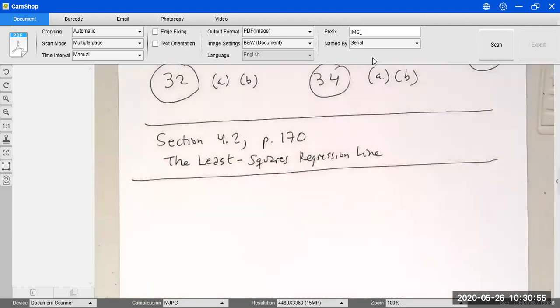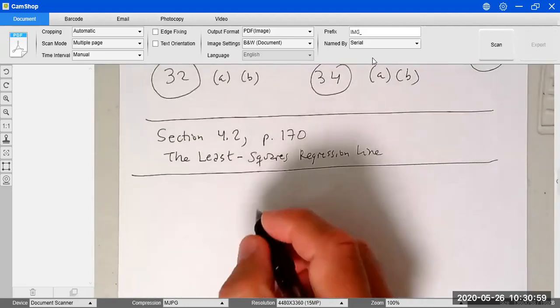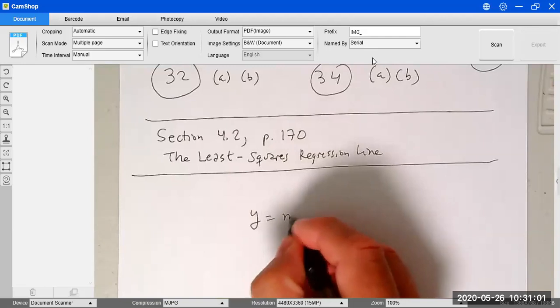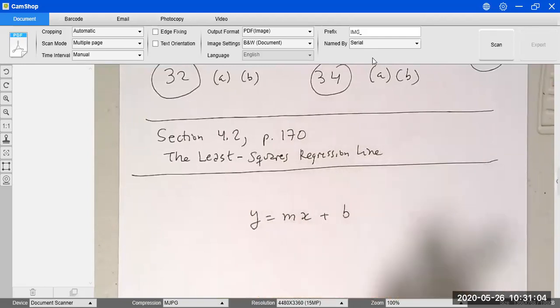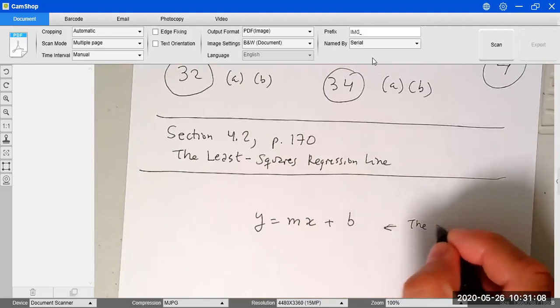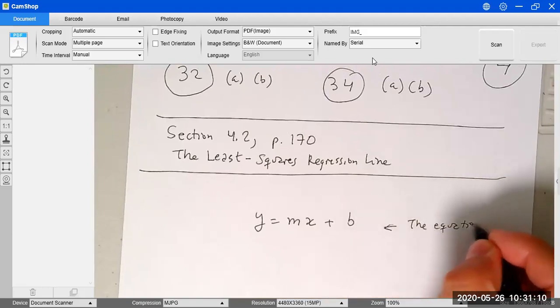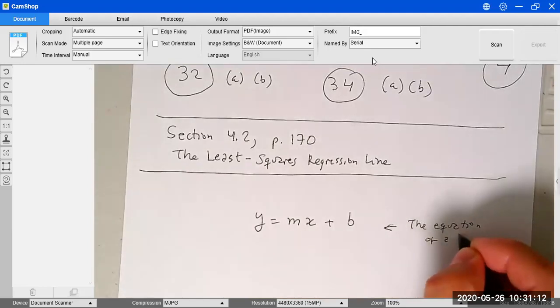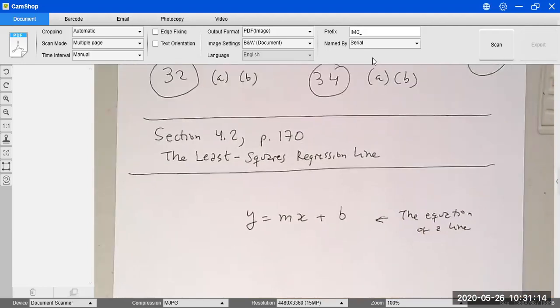So usually we are more familiar with the equation y equals mx plus b. We learned that in our algebra classes, that this is the equation of a line, or a linear equation.